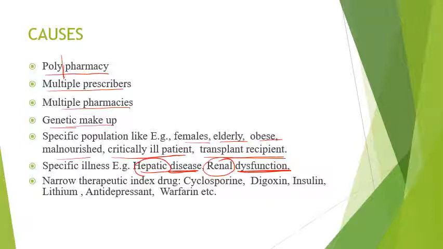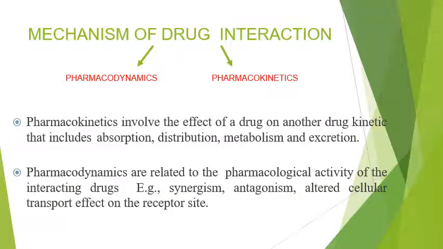Okay, moving on to the next one, that is narrow therapeutic index drugs, for example cyclosporin, digoxin. We have talked about digoxin in the last slide. So let's talk about the mechanism of drug interaction. What is the mechanism by which this happens? Pharmacokinetics and pharmacodynamics.